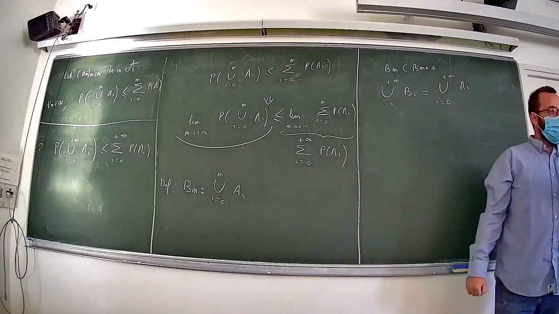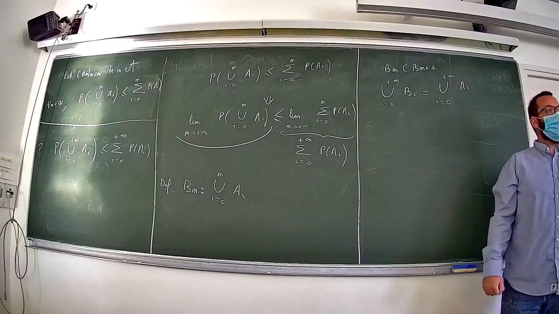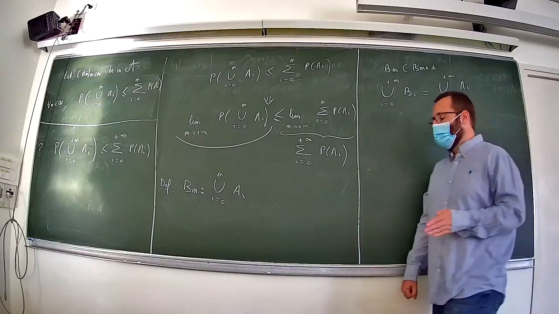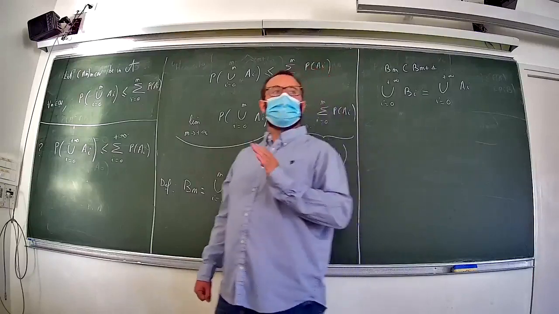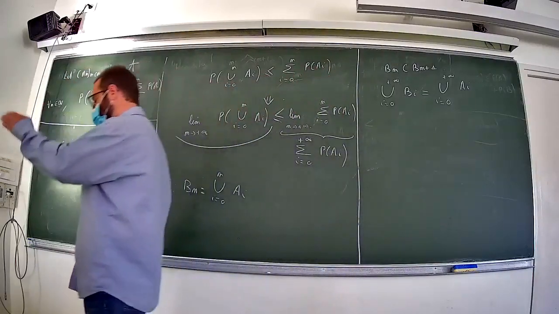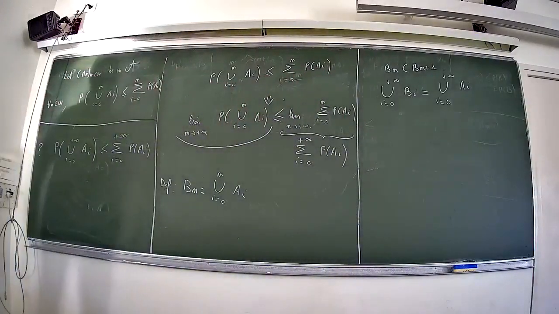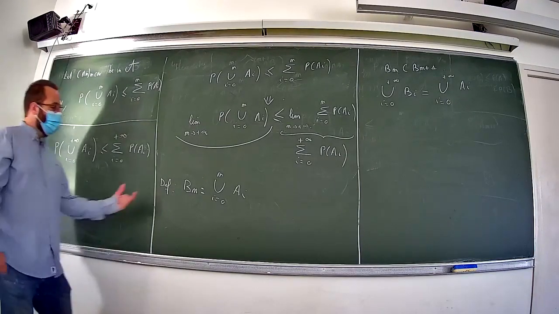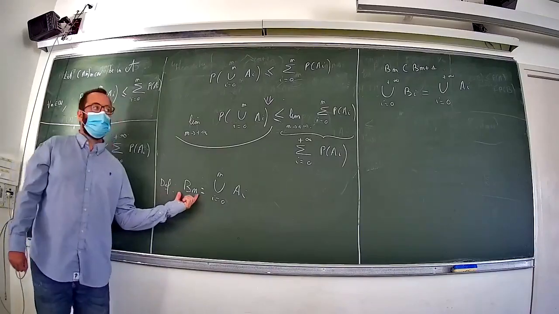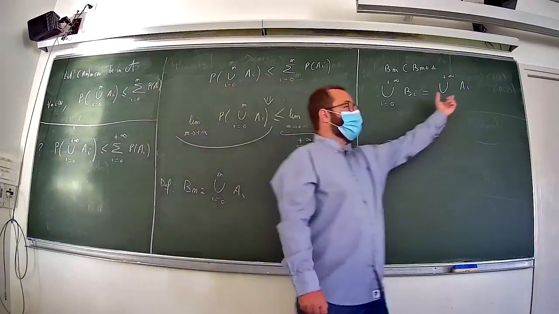A0 union A1 union A2 is the same as the union of A0 union A1, and the union of A0, A1 and A2. So I have an increasing sequence of sets fulfilling the fact that the union of all of them is just the union of all the capital A.